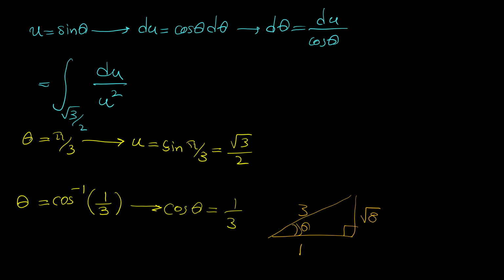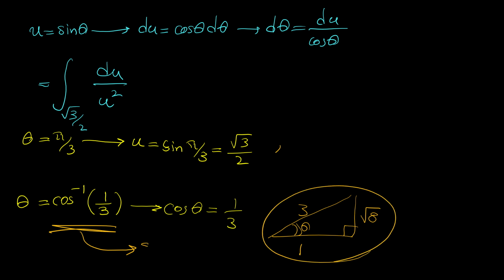So now it's really easy to find sine of this theta. Look at the triangle, sine of theta is square root of 8 over 3. So the upper bound of this integral finally is the square root of 8 over 3.